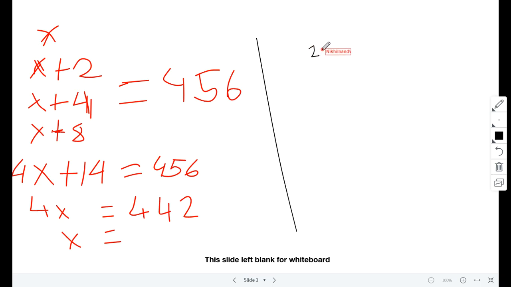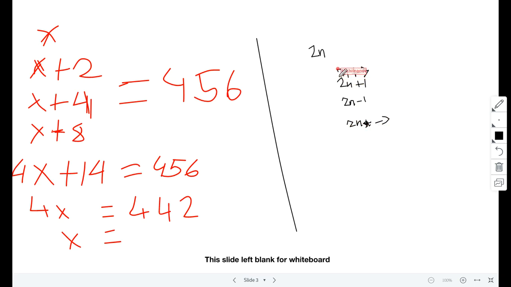If you have to take an odd number, I know that 2n will be even always, correct? 2n is always an even number. Similarly, 2n plus 1 and 2n minus 1 are odd numbers always. And if I go further, 2n plus 3 will also be an odd number, and 2n minus 3 will also be an odd number.